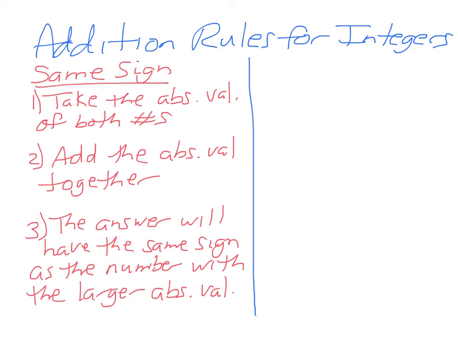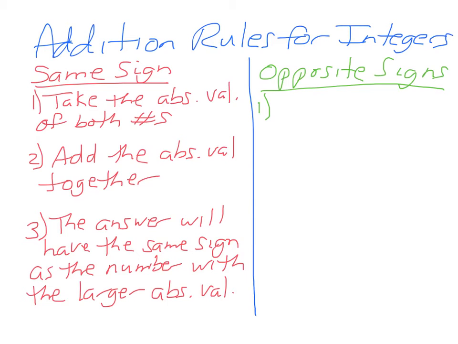Now, we'll come back to that and we'll talk about how that works. But let's talk about what happens if they have opposite signs. Meaning, what if one's positive and one's negative?